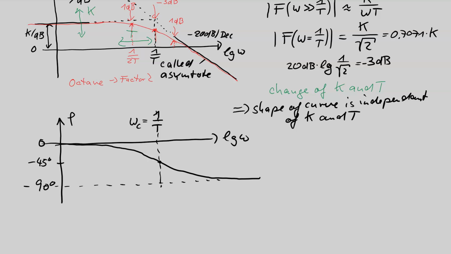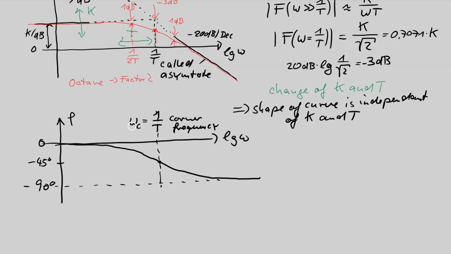One word to this 1 over t frequency: the radian frequency omega with the value 1 over t is called the corner frequency, just for the reason that the asymptotical curves have a corner there. That is the reason for the name corner frequency.